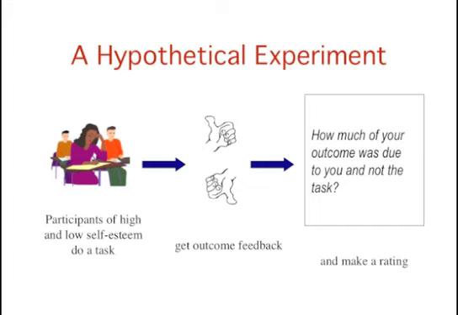This feedback was independent of how well they had really done. After receiving this false feedback, subjects were asked to rate, on a 10-point scale, how much of their outcome of success or failure they attributed to themselves as opposed to being due to the nature of the task.